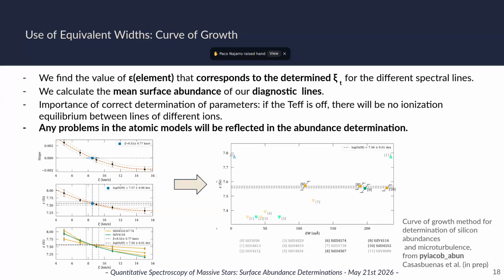Microturbulence just redistributes the flux, but doesn't affect the total equivalent width. So those are very, very reliable. If you can count on them and you trust these transitions, those could be the ones weighted.